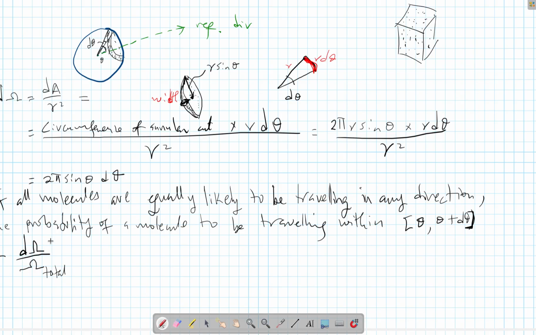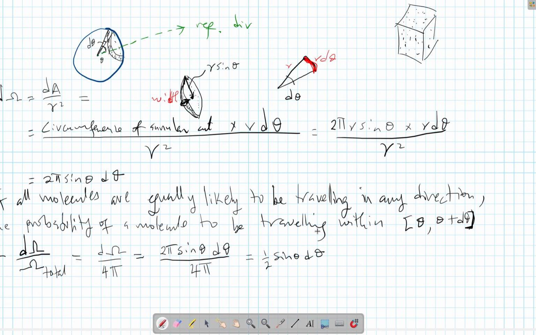So in 3D, kind of a spherical thing, this is going to be d omega divided by 4 pi. Okay, and if we substitute the expression derived above, this is going to be 2 pi sine theta d theta divided by 4 pi, and so this is going to be equal to 1/2 sine theta d theta.